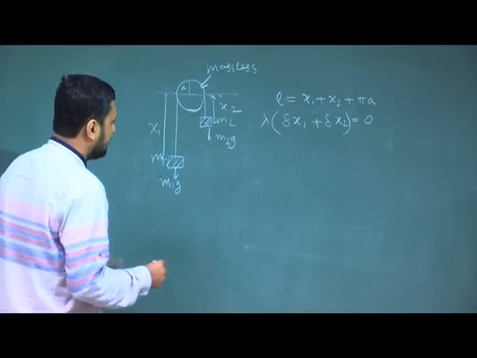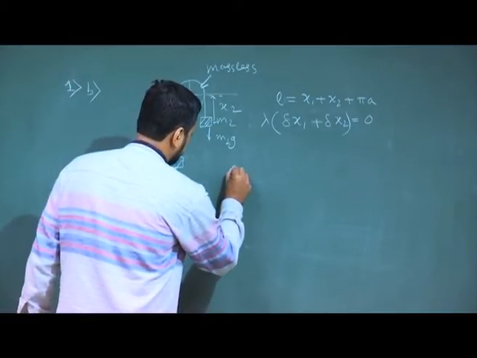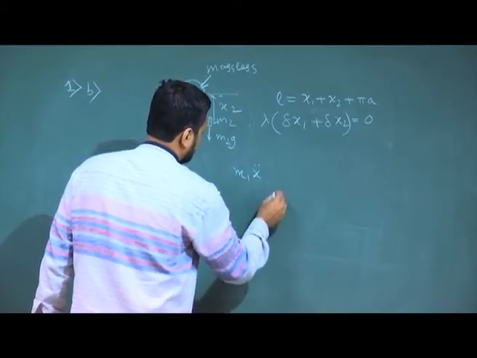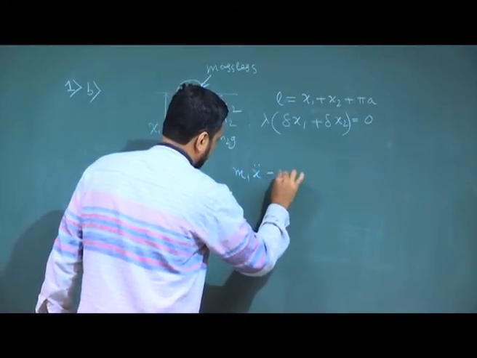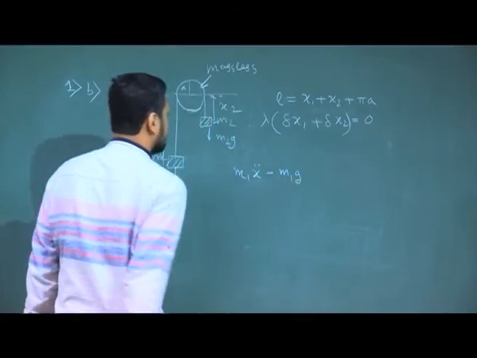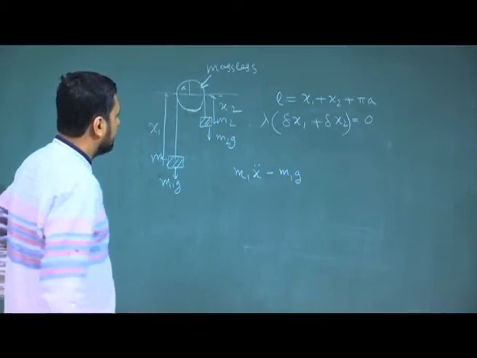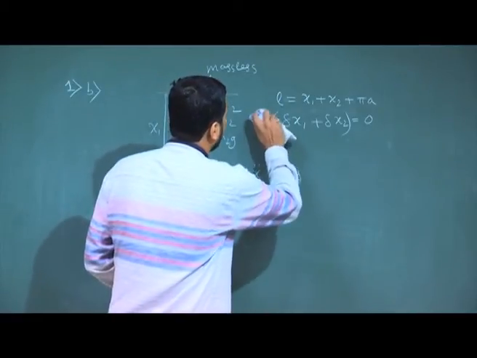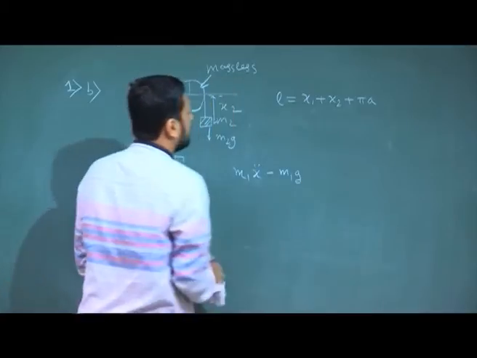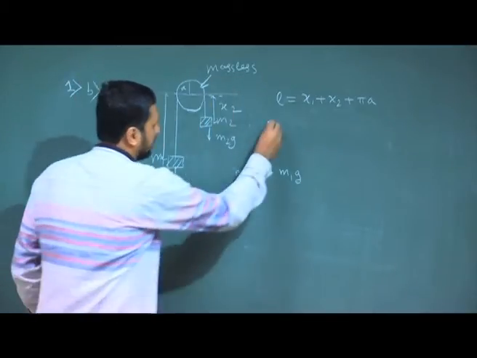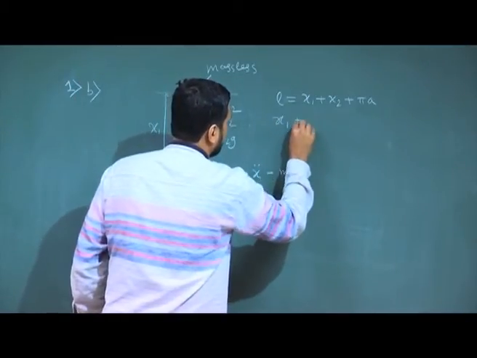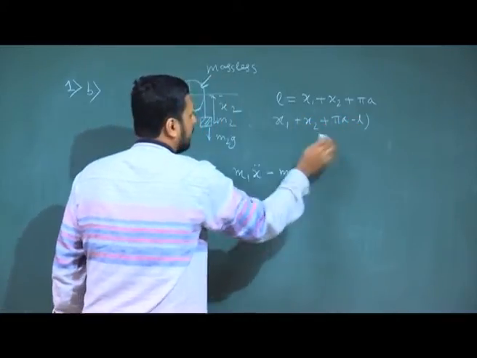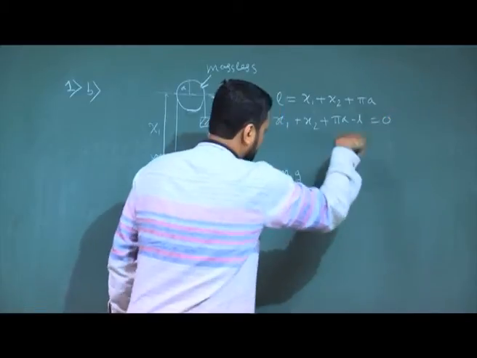So, if we do that, we will get m1 x double dot minus m1 g, and it will be, oh sorry, you do not have to do this. So, your phi is x1 plus x2 plus phi a minus L equal to 0. So, this is your equation.